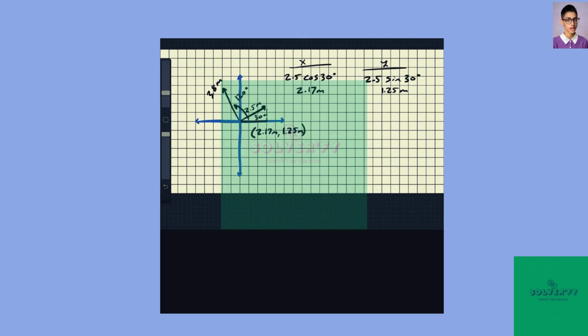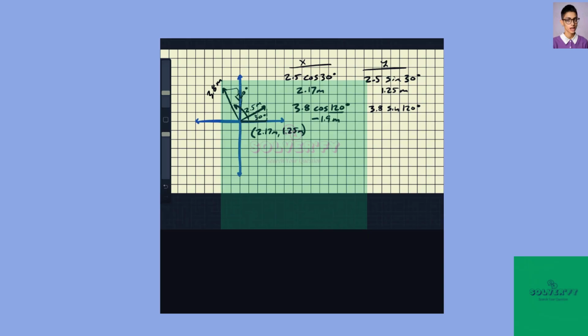For the second point, we do very, very similar. We've got 3.8 times the cosine of 120 degrees. And the advantage of using this as opposed to just trying to make it a small triangle is this will give us the minus sign that we need, and we don't have to think about it. And so when we do that math, that's minus 1.9 meters. And when we calculate the y value, which is this right here, that's going to be 3.8 times the sine of 120 degrees.